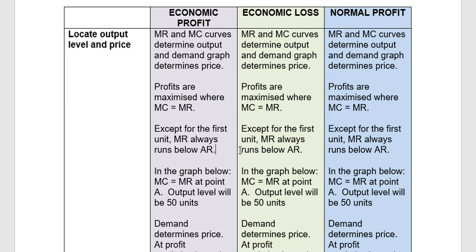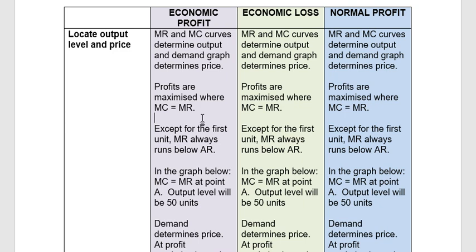In the monopoly, this is completely different. In the monopoly, the monopolist is a price maker. So he is the one that has to determine the price. He has to decide on a price quantity combination where he will maximize his profits. So first of all, what we need to do on the graph is find your profit maximization point. As I said to you, the profit maximization rule is not changing.